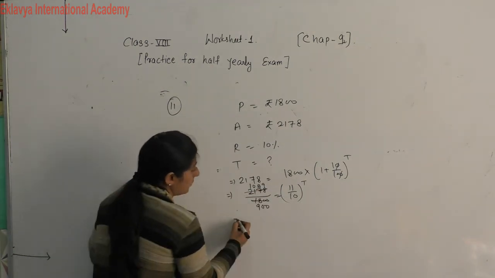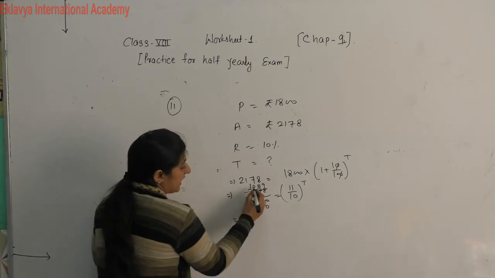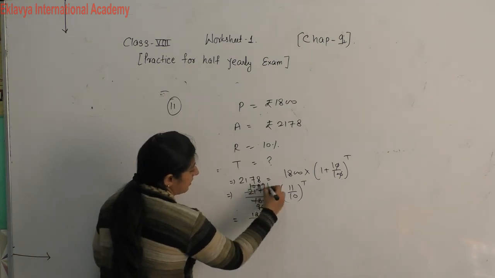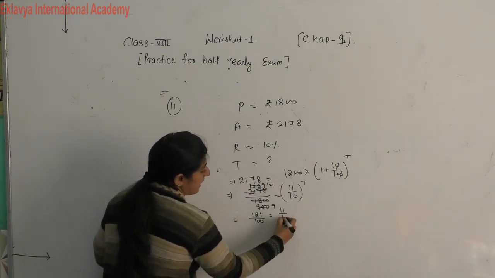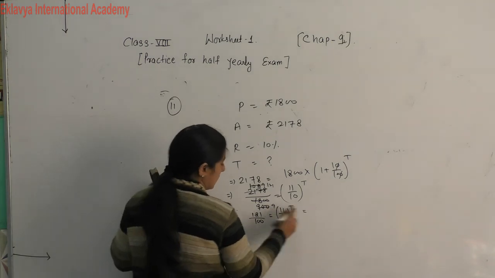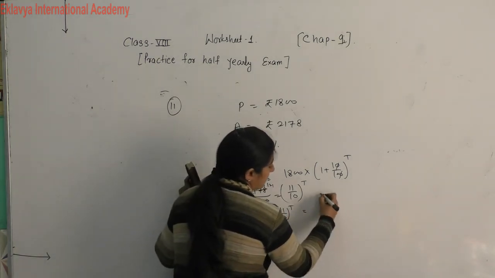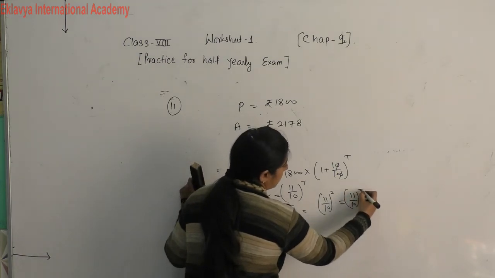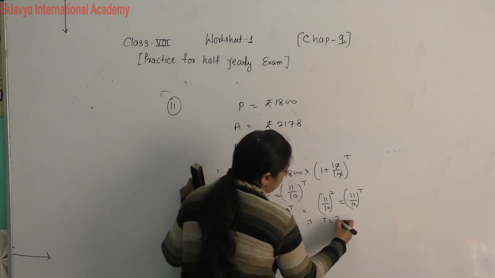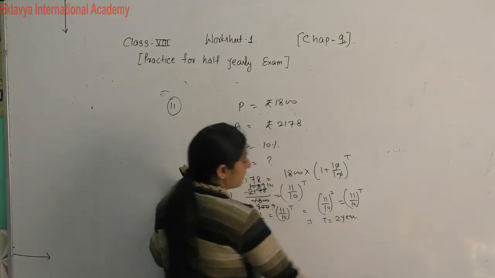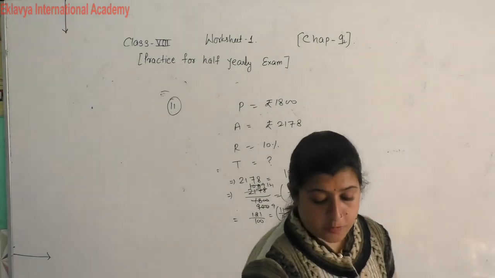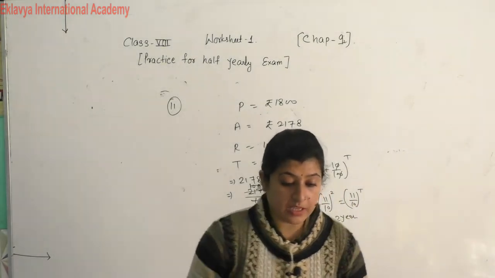The 9 table we can do. 9 1 is 9, 9 2 is 18, 121 upon 100 is equal to 11 by 10 power t. This 121 is 11 power 2, 100 is 10 power 2. Now after comparing we find t is equal to 2 here. Now your option B is correct.